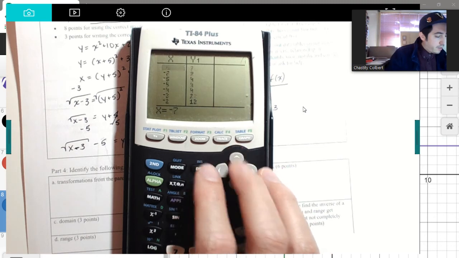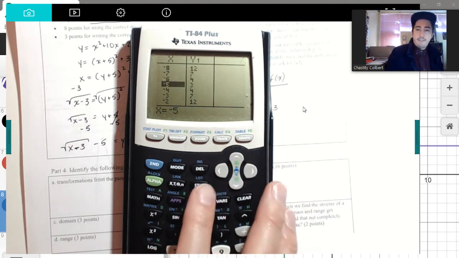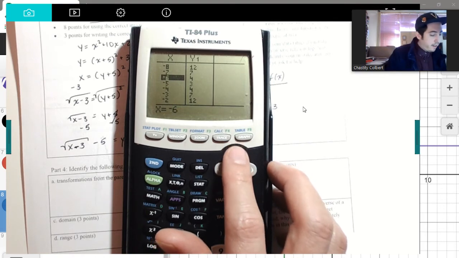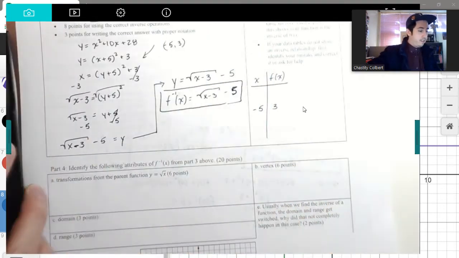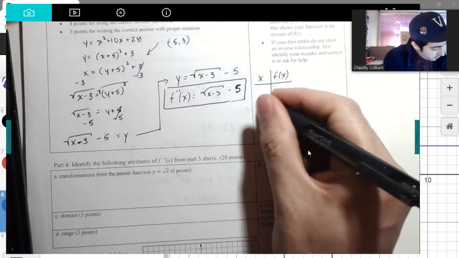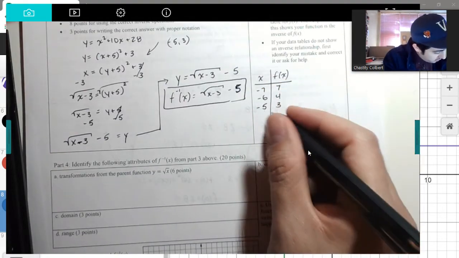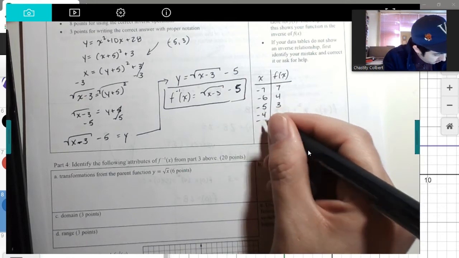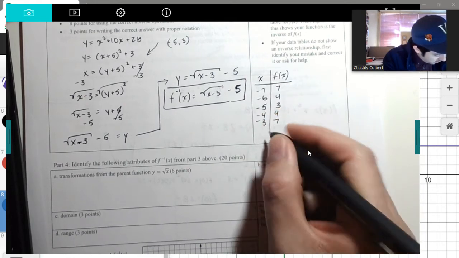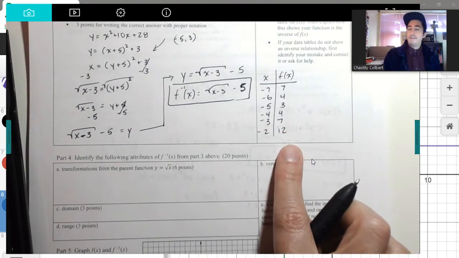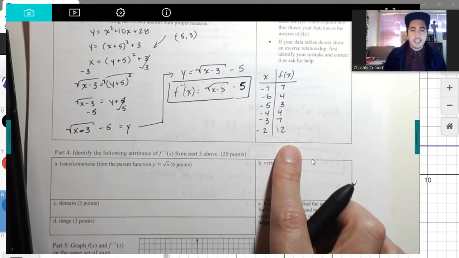And the ones we had: -5, 3, -6, 4, -7, 7. So I'm just putting these values in here. That's enough, right? There's the values table. So that's a table to look at x and f of x.